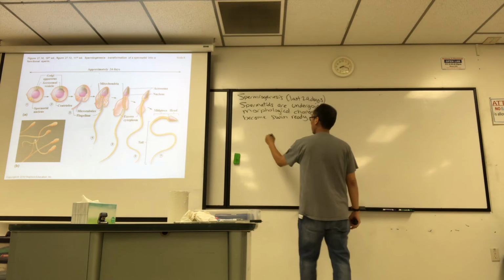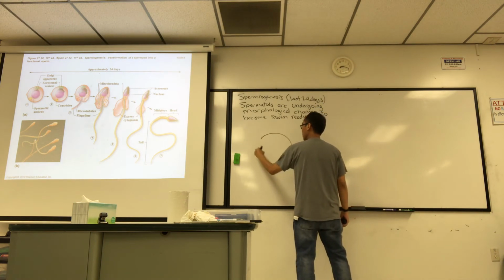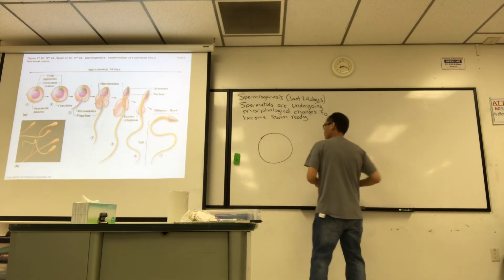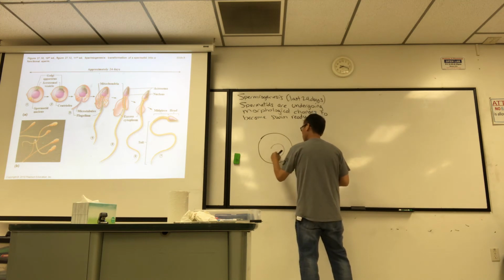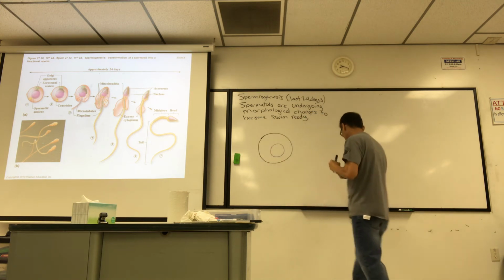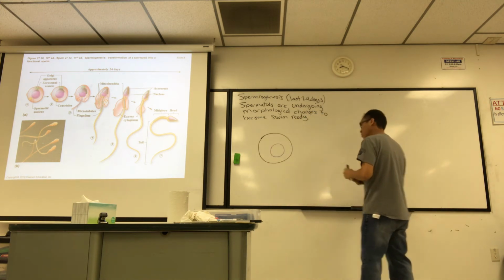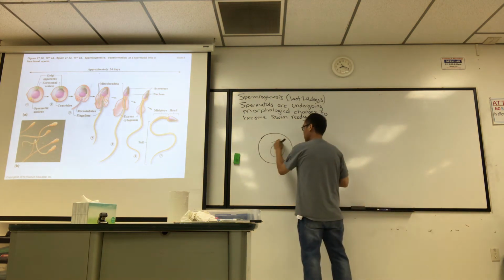So what do we got there? Regular round spermatid. Got purple nuke. The one thing I'll draw is Golgi. Golgi apparatus, stack of flat pancakes. That's what it looks like under the microscope.